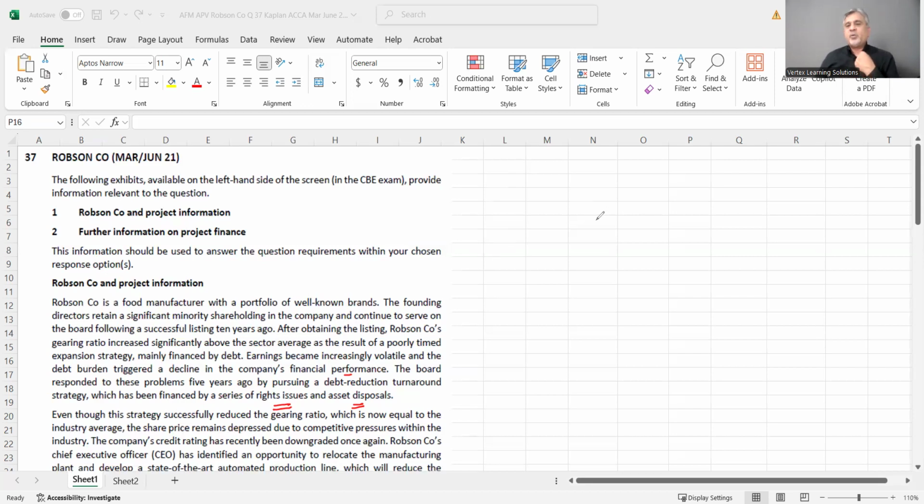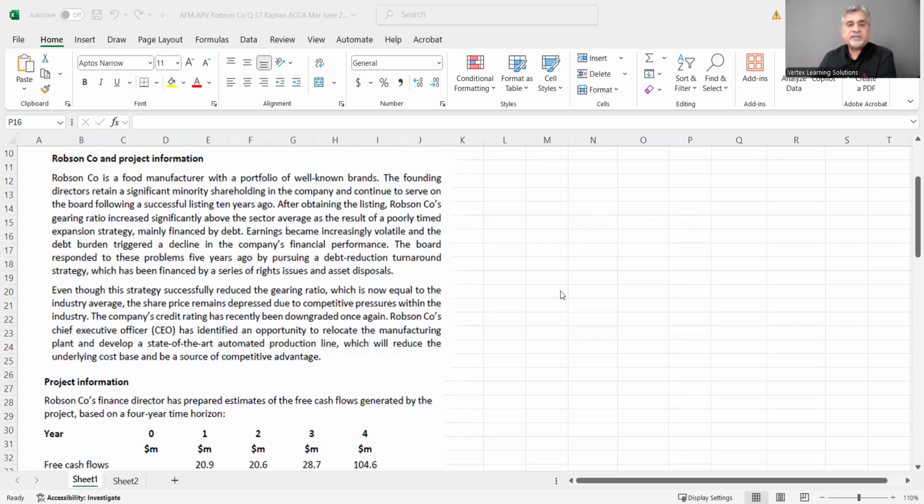So you are adding to equity and reducing the debt by selling the assets. So you somehow managed your gearing. Equity increased, debt reduced, so the gearing ratio was under control. This was a good move. Initially they made a mistake, it seems, but then they tried to recover from that mistake.